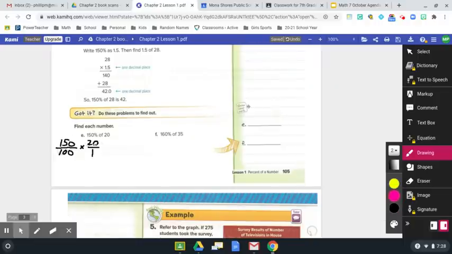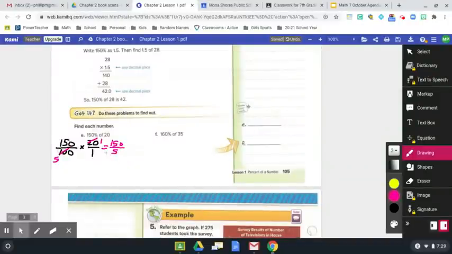So when I look at 20 and 100, well, I know 20 will divide into 100. And so 20 goes into 20 once here. 20 divides into 100 5 times here. And now I can look at multiplying across. So I've got 150 times 1, 150. And I've got 5 times 1, which is 5.